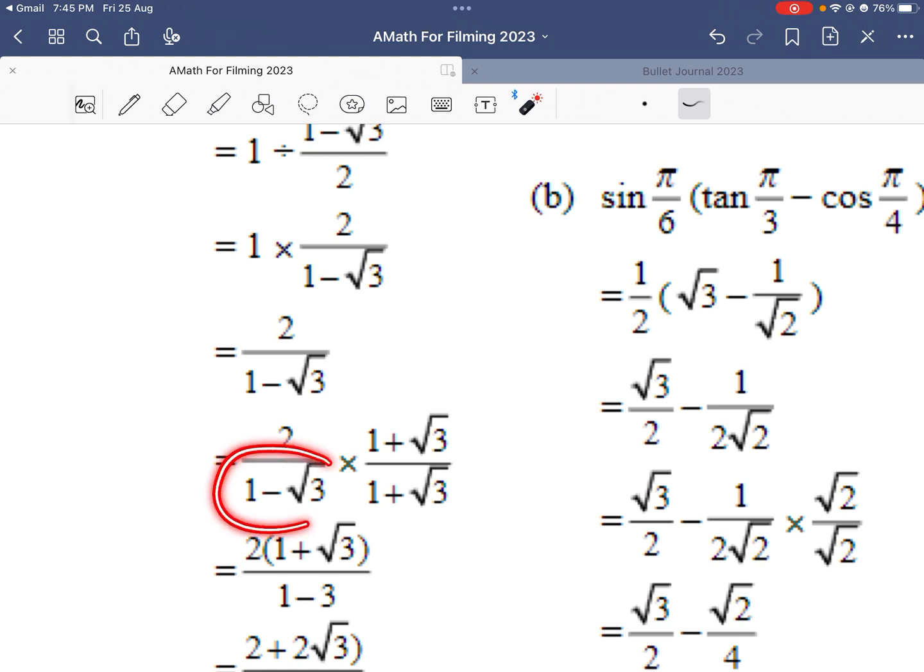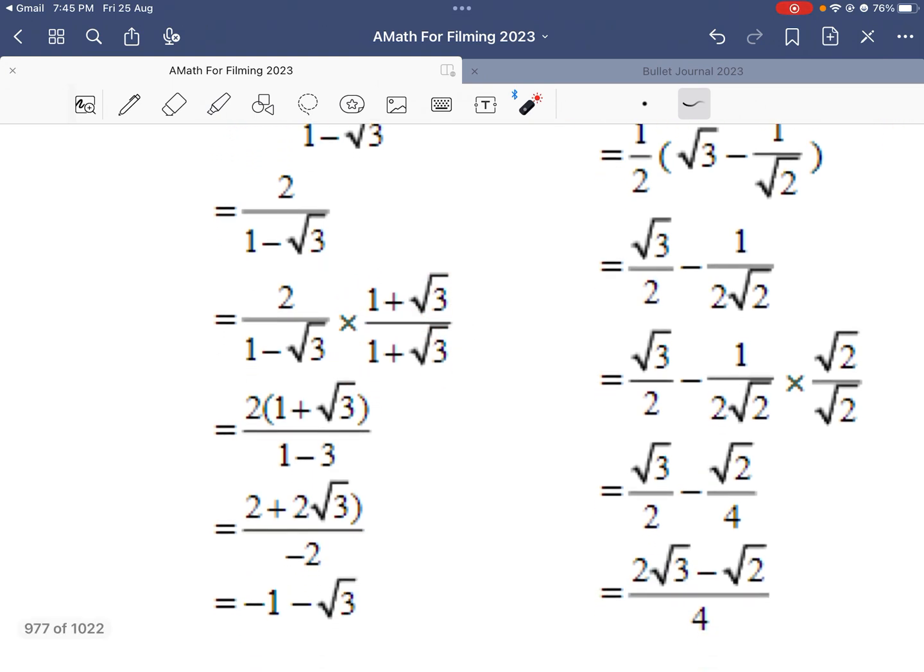We multiply by the conjugate of the denominator, 1 plus root 3, 1 plus root 3. Simplification here will yield 2 plus root 3 over negative 2. 2 divided by negative 2 yields negative 1, times this square root 3. Hence, the answer here is negative root 3.